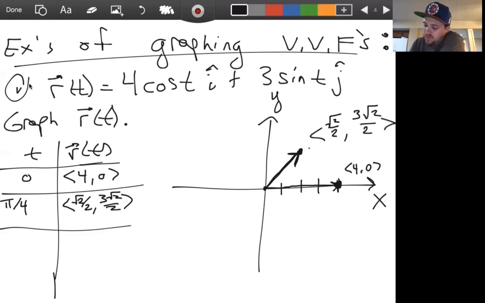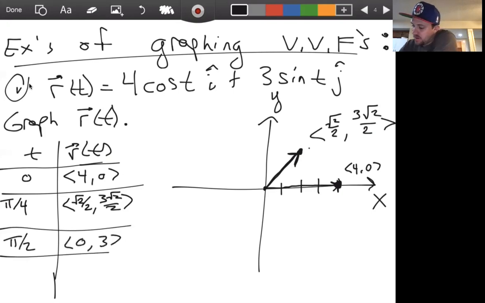And how about pi over 2? We saw pi over 2 was 0, 3. And so at the angle pi over 2, we have the vector 0, 3. And I encourage you to maybe do this for the rest of the unit circle. Like, what's 3 pi over 4? What's r of 3 pi over 4?